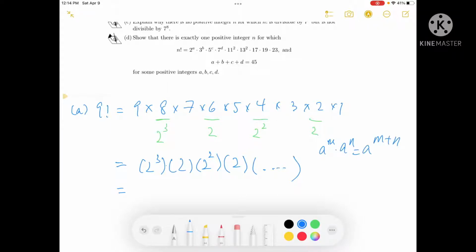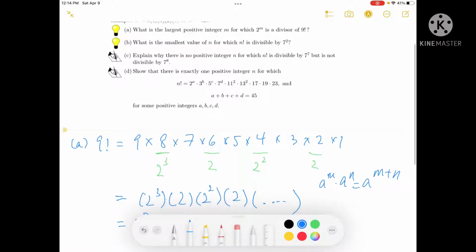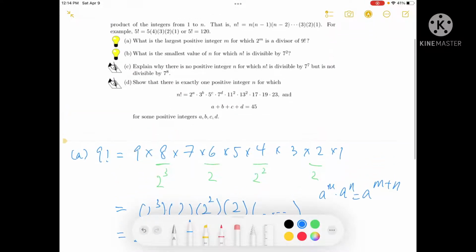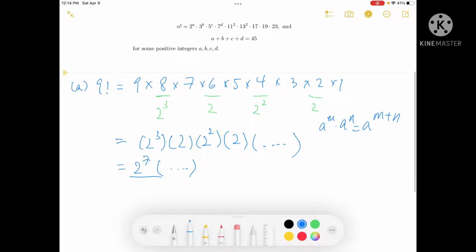We can apply it here, so we have 2 to the power of 7 times a bunch of irrelevant terms. So for part A, the largest positive integer m is 7, because 2 to the power of 7 can be factored out from this expression. Thus for A, the answer is m equal to 7.